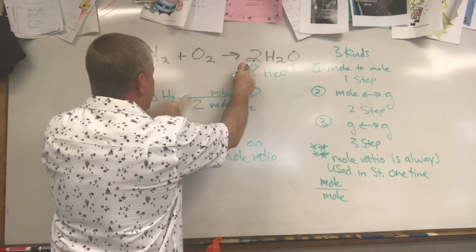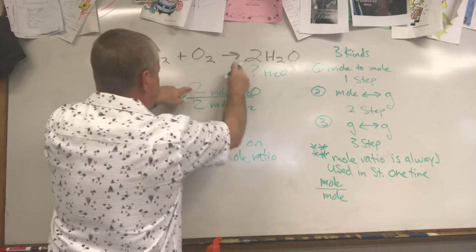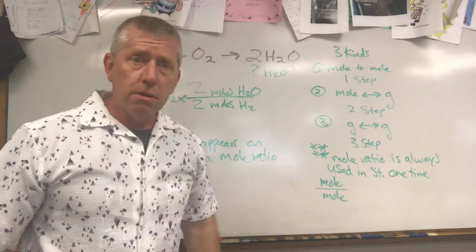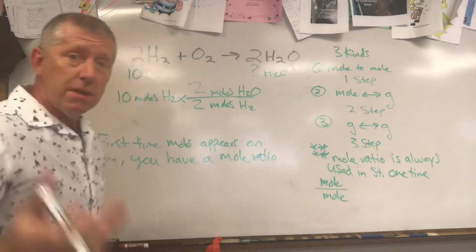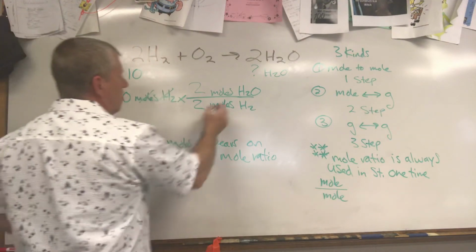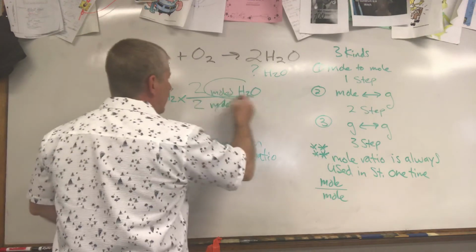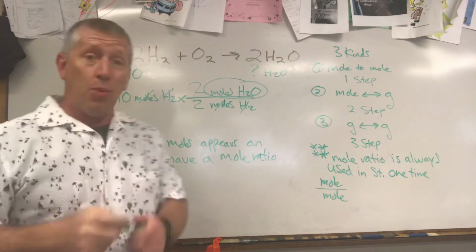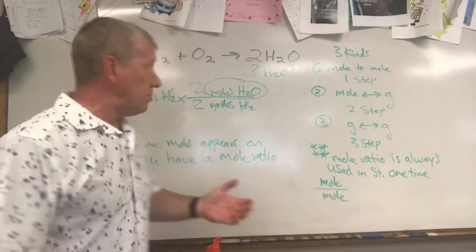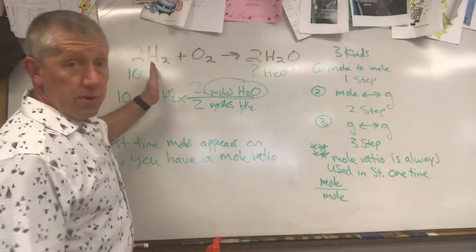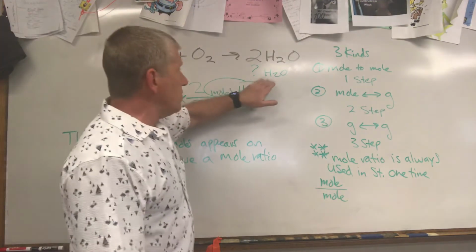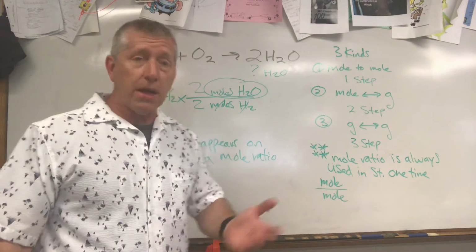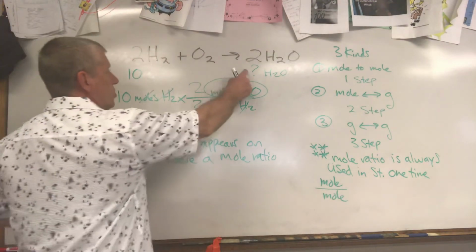From the balanced reaction, I have 2 waters. Right there. Nice. That's it. Now, this is going to cancel out moles of the hydrogen and leave me with moles of the water. And is that not what I was trying to find? I was trying to find, if I have 10 moles of hydrogen, how many moles of water will I be able to make? So this is going to find what I was looking for.